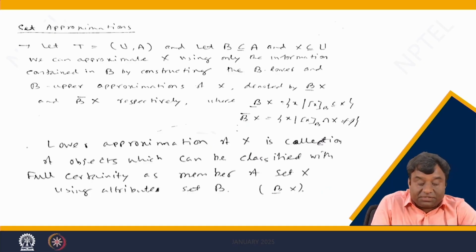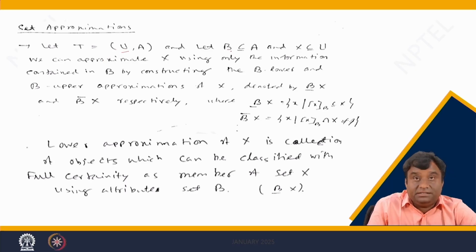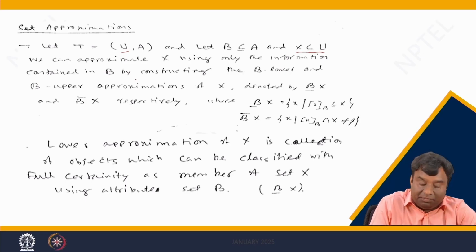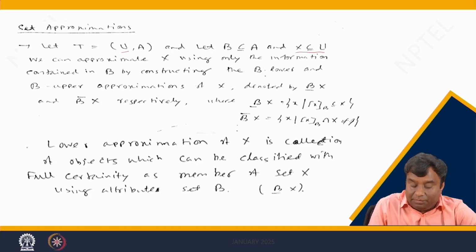Let this be an information table. U, A: U is the set of objects, A are the attributes, B is a subset of attributes, and X is the target set which is a subset of objects. We can approximate X using only the information contained in B by constructing the B lower and B upper approximations of X, denoted as B lower X, the lower approximation, and B upper X, the upper approximation.